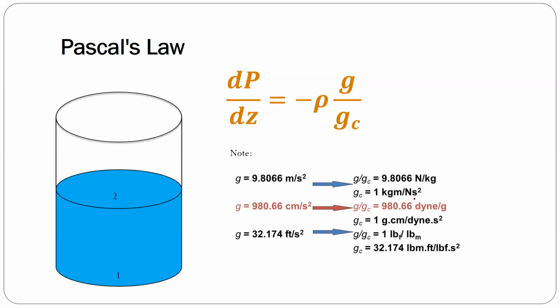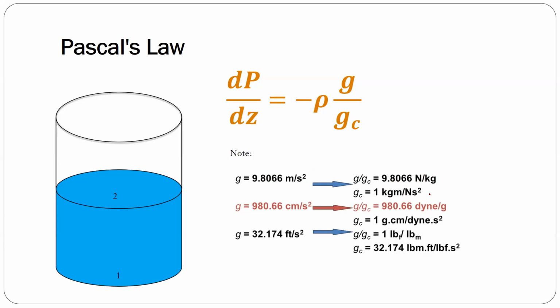Okay. So we know from Newton's law that 1 newton is equivalent to 1 kilogram meter per second squared. So that ratio is known as gc, such that if we take the ratio of g and gc, it will give us 9.8 newton per kilogram. So it's the conversion factor between unit of mass and unit of force in SI.